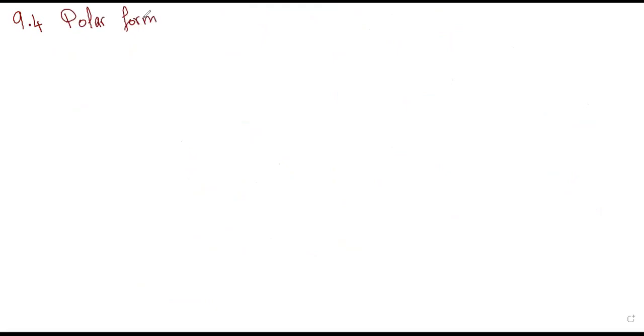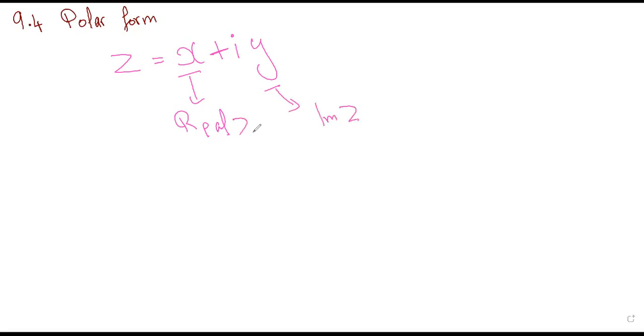So basically, so far we have discussed z equals x plus iota y, where this is the real part and this is the imaginary part of z, right? This is the form which we have discussed. Here they want us to talk about the polar form.